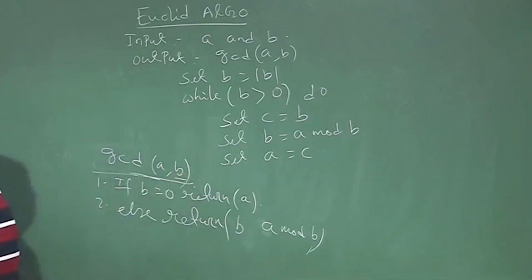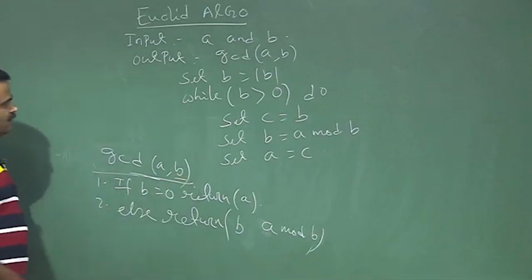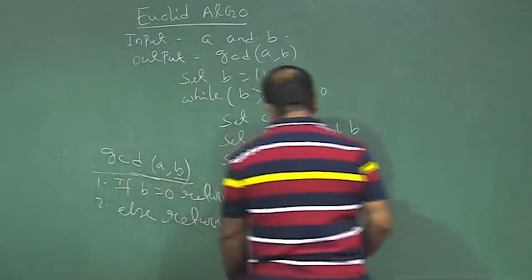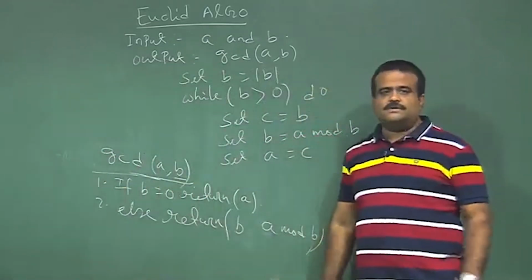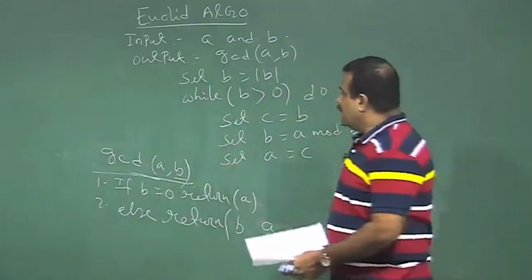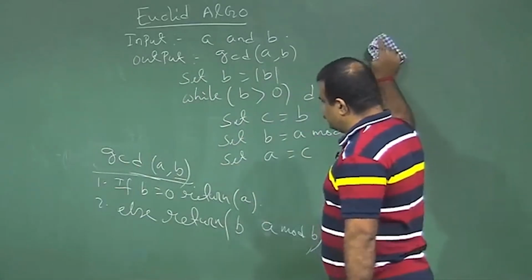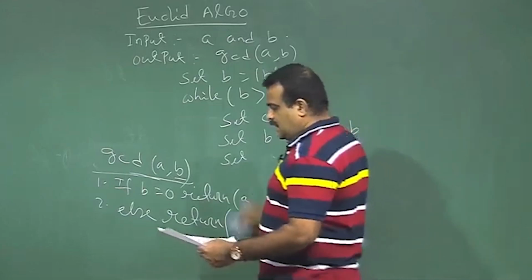So, this is the recursive call, and this is the code. It is coming from that theorem that GCD of a, b is equal to GCD of b comma a mod b.